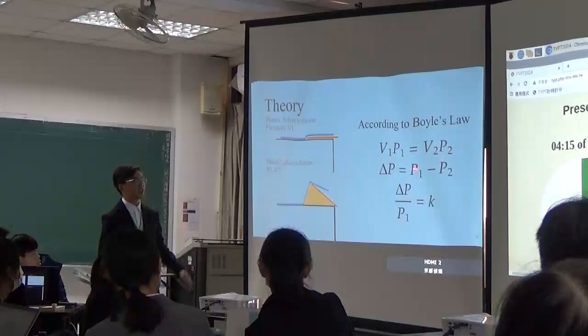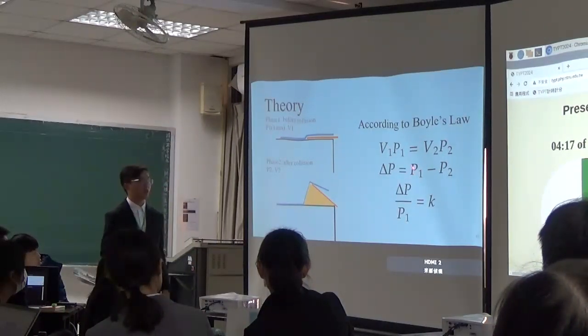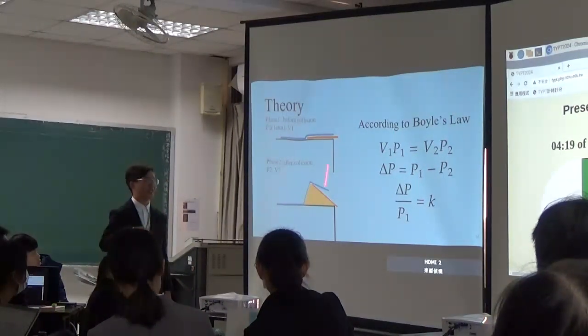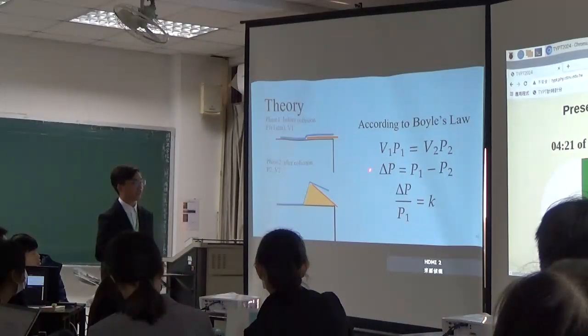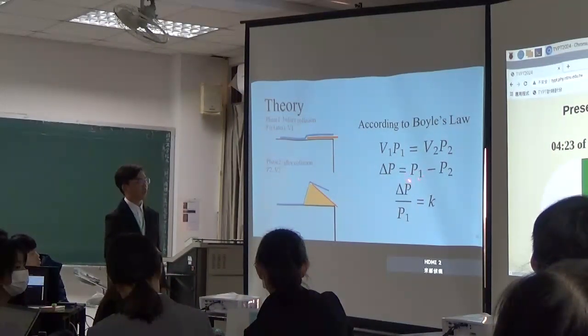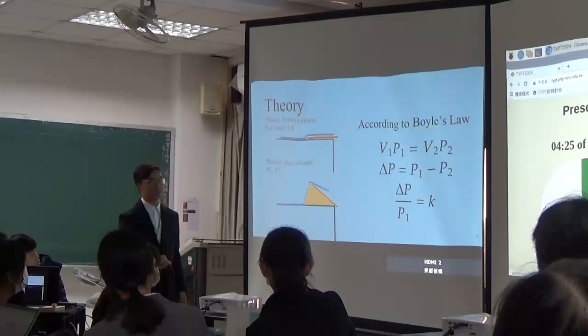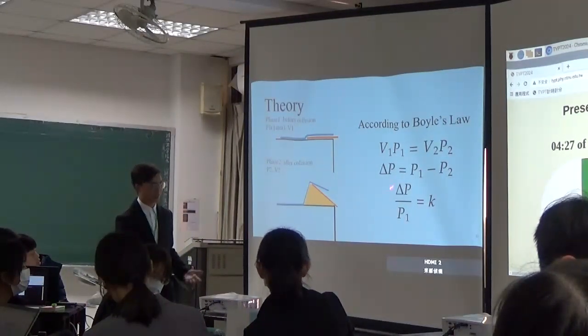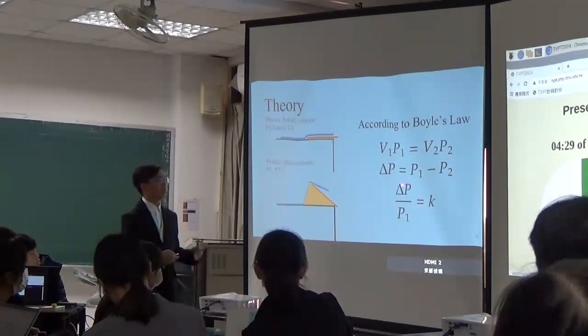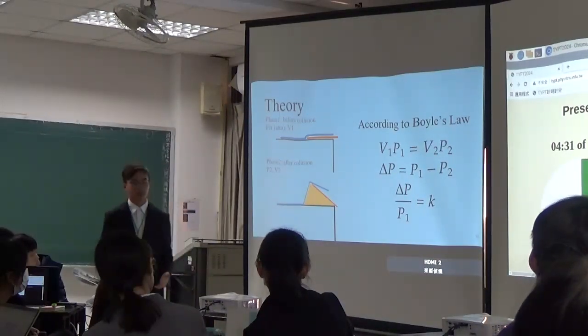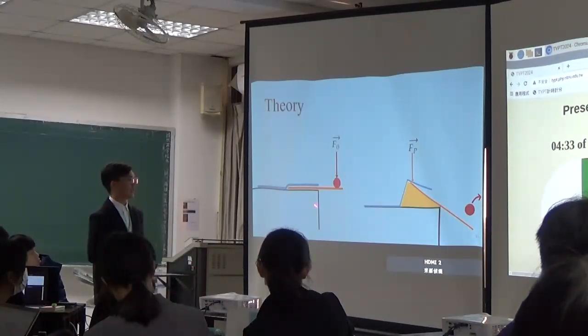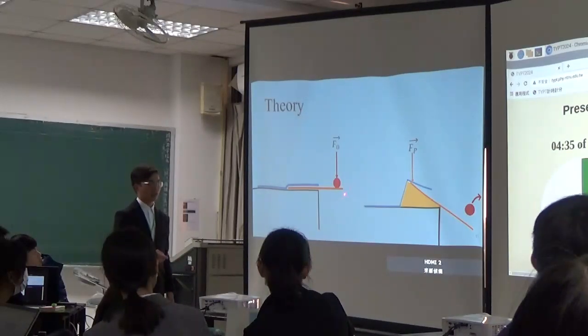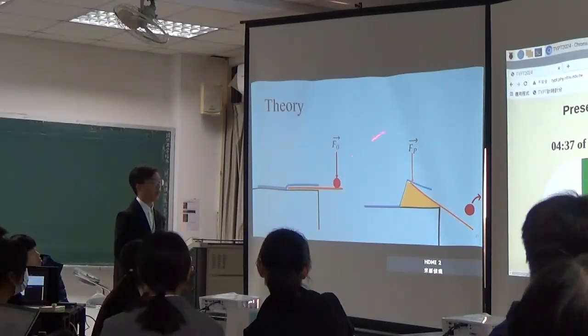As V2 strongly increases, P2 will strongly decrease, and so we can get delta P equal to P1 minus P2, and we define a coefficient in our experiment, K, which is delta P over P1. And so this is the motion of collision, as I mentioned, phase 1 and phase 2.